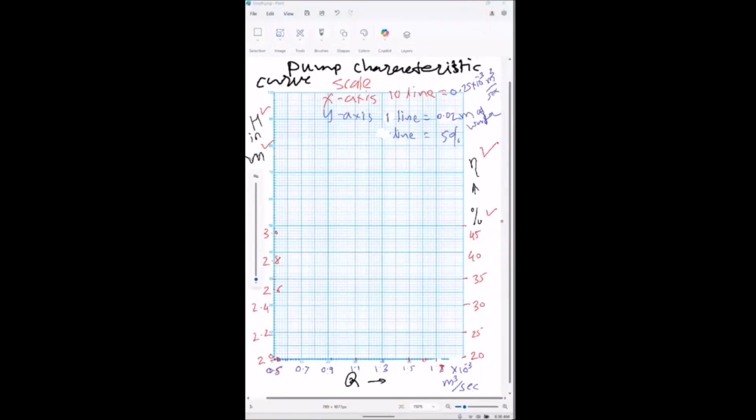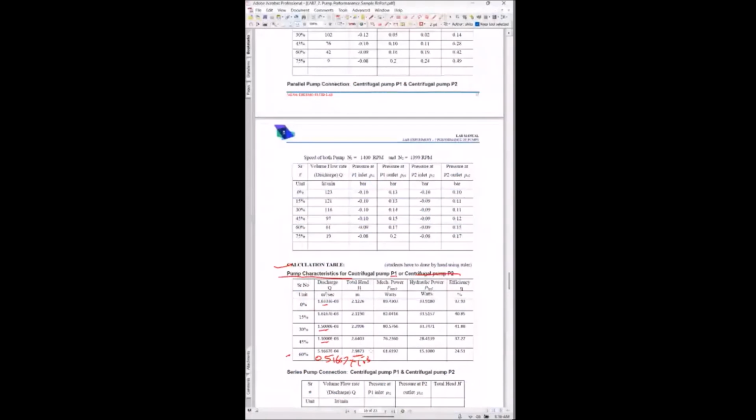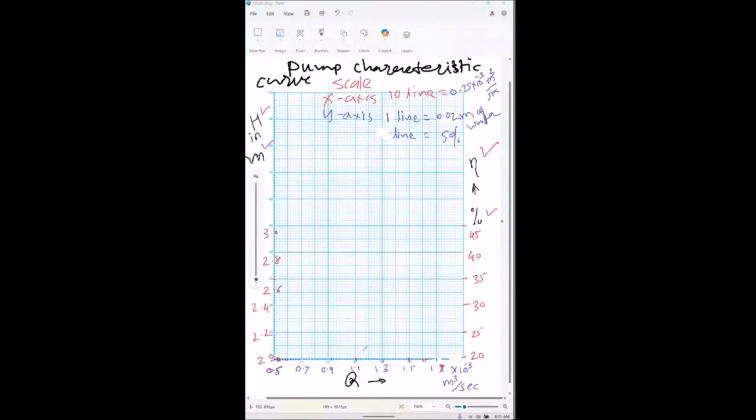Now I will go for the head. Now the head is 2.98, so around 3. I will make it 3 and 2.64. For the first point, 3 is here. So this is the first line, this point. Then the next reading is for 1.1.